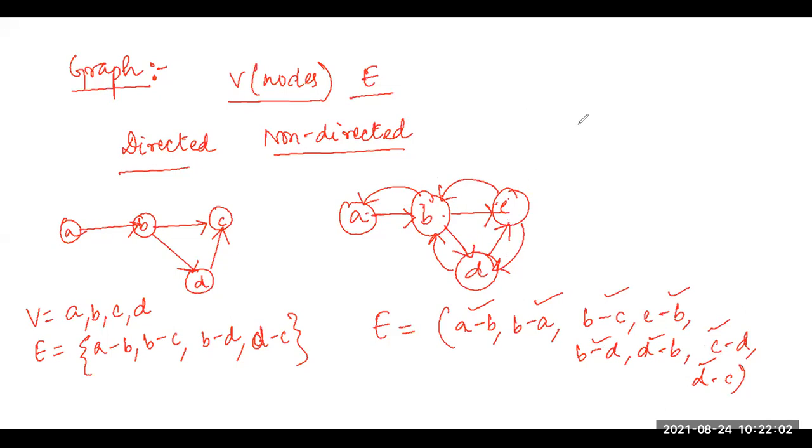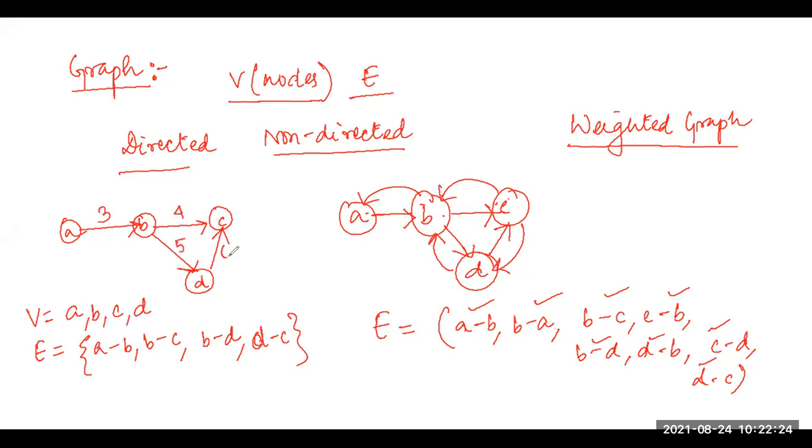Fine. And there is another concept of graph which is known as weighted graph. This weighted graph concept is used in things like aviation problems. Besides the edge, I will add one more parameter, that is, the weight of each edge.